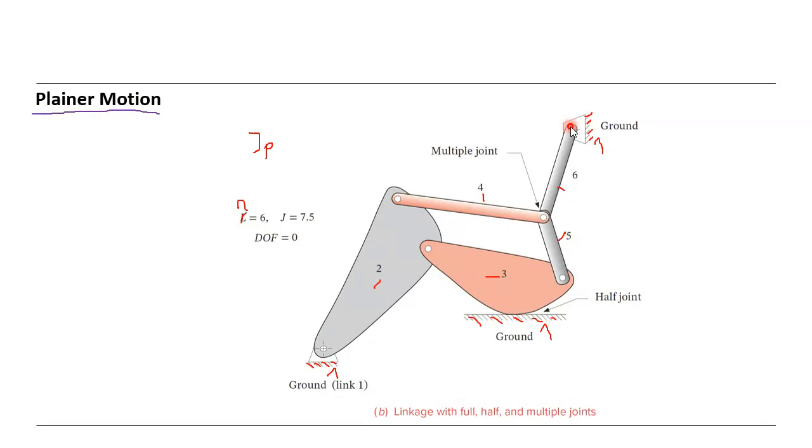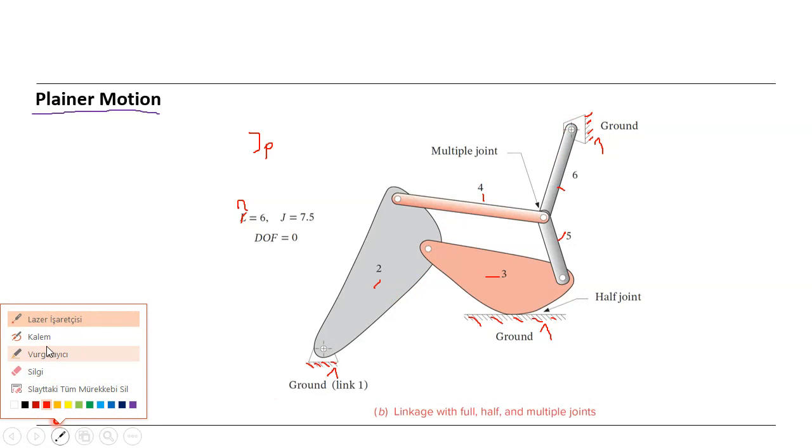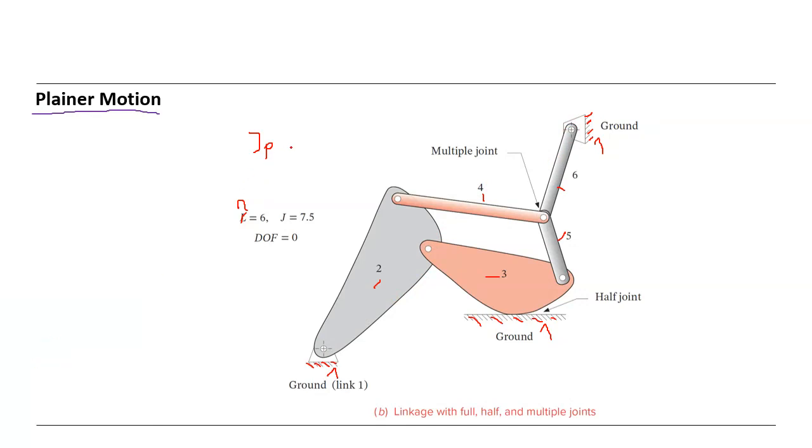Okay, 6. So then we have to write 6 is equal 6. And a joint higher order, we have 1 here. This is joint higher order. So that means joint higher order is equal 1.